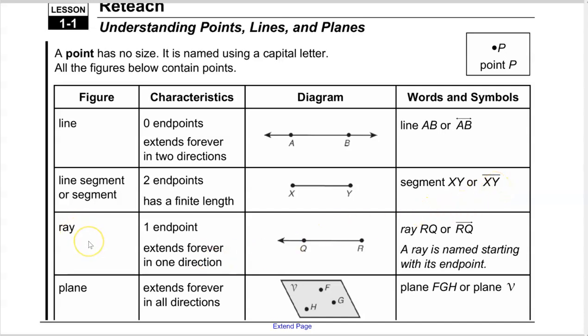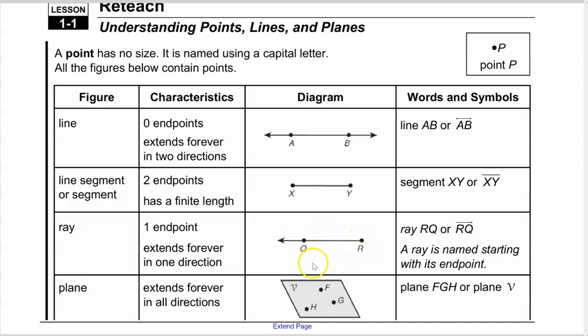Okay, here's ray. A ray extends forever like a line, but has one endpoint like the line segment. So it has one endpoint, and it goes on forever in one direction, but it does have an endpoint.